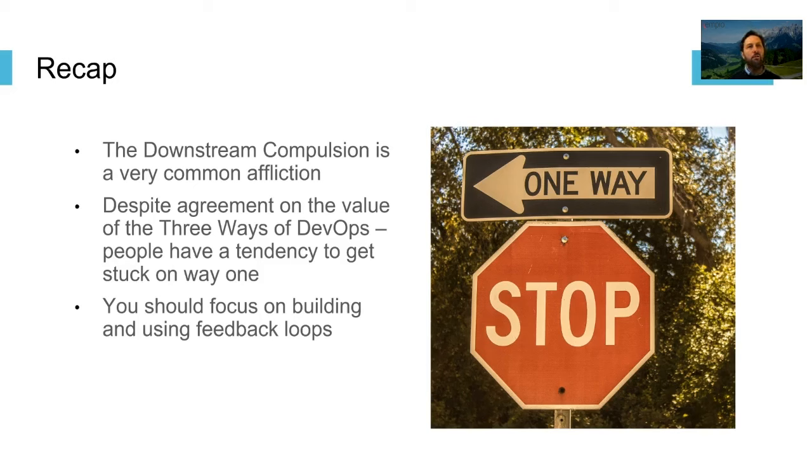And we need to actively, I suppose, resist this tendency and say, okay, how do I get now from the first to the second and the third way? How do I build feedback loops? How do I go from CI/CD pipelines to CI/CD loops? How do I go from value streams to value loops?